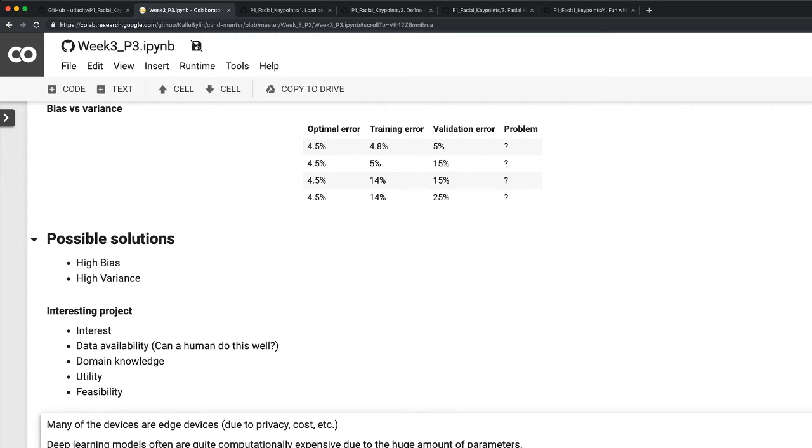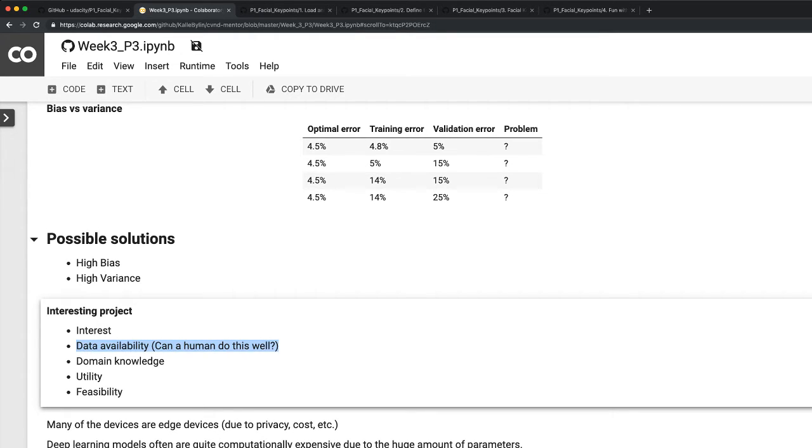Under data availability, a good thing to look for is: can a human do this problem well? Here I'm not just talking about the facial keypoint project, but any project. If you're thinking about doing a project, try checking these off, and this makes the whole process a bit easier. Why ask yourself if a human can do this well?